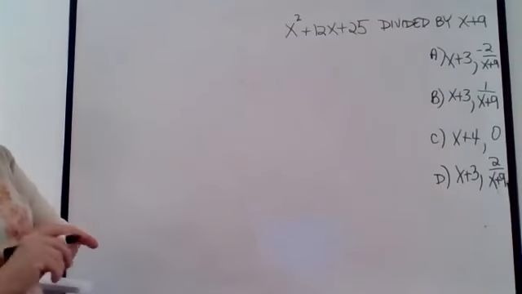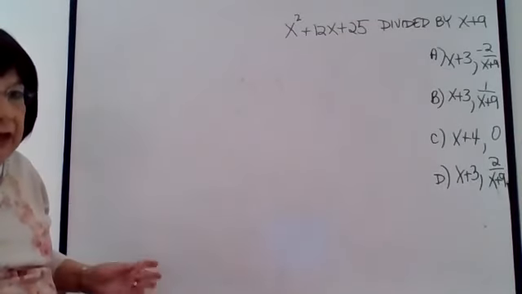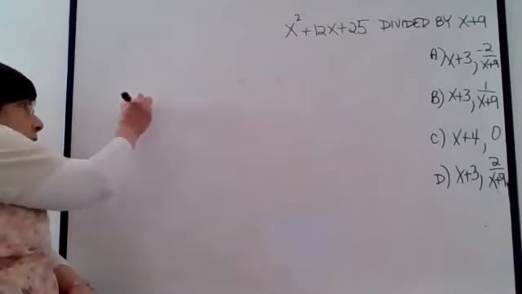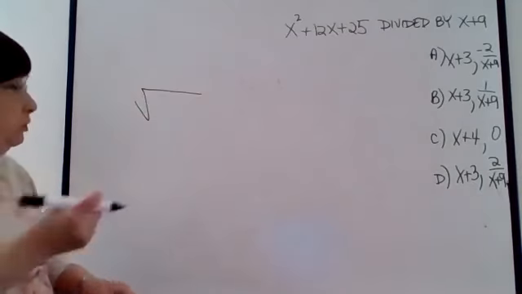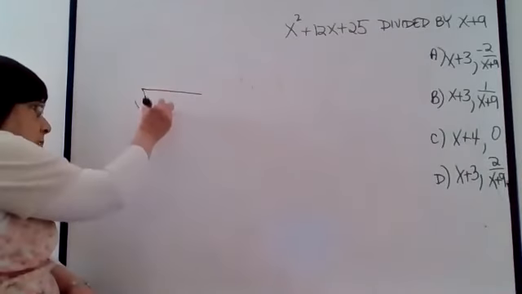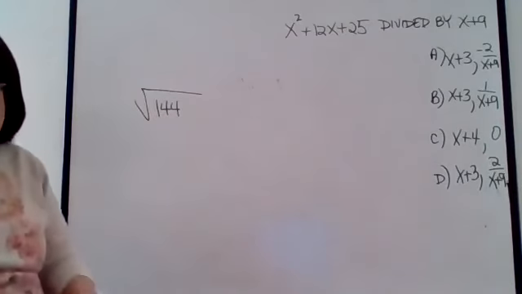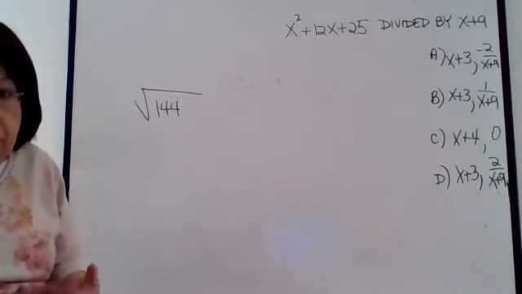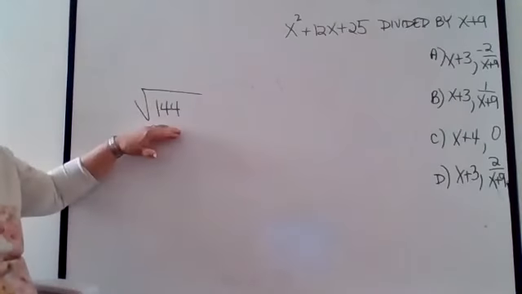Now, first things first, how do we simplify a square root? If the number is what we call a perfect square, and a perfect square means a number that is a number multiplied by itself, then it's very easy to simplify.